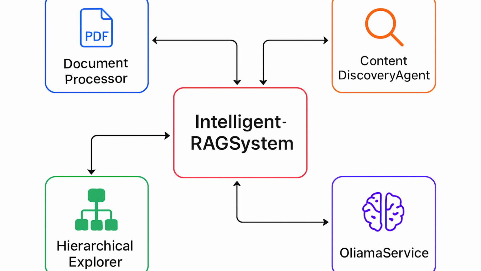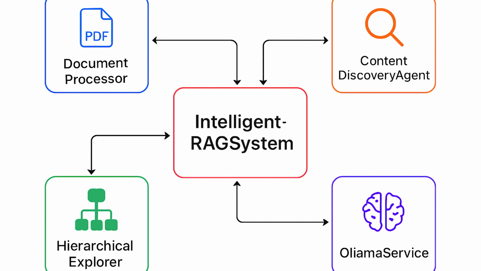The fourth one is the Ollama service, or LLM integration layer, right? But we are not just throwing a prompt at it. We use structured analysis for question complexity, then content relevance scoring, and then intelligent synthesis.